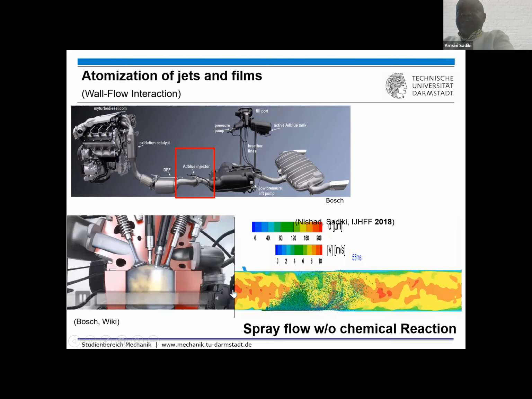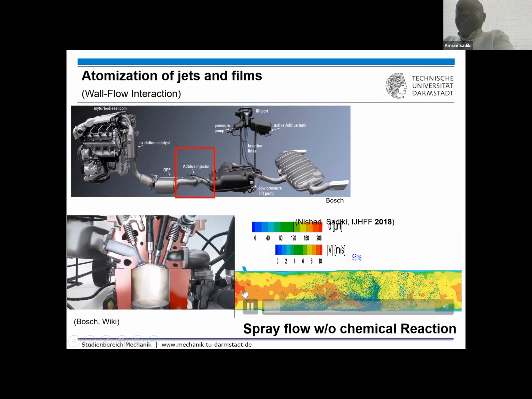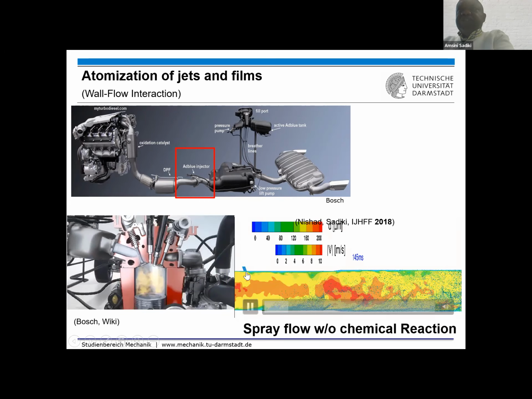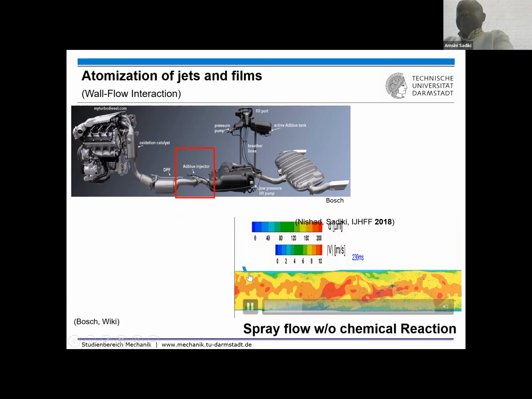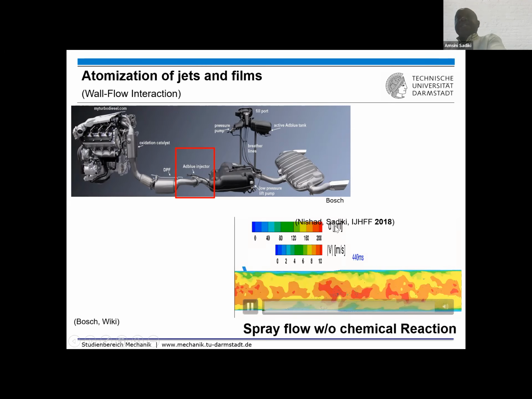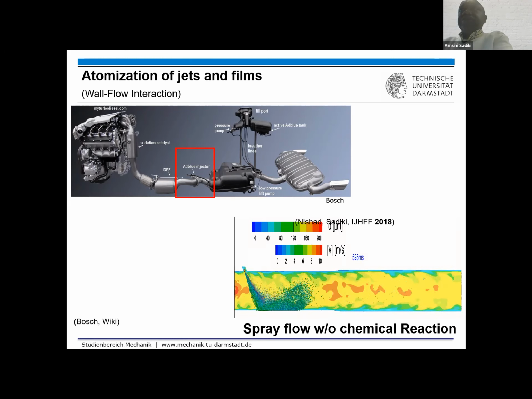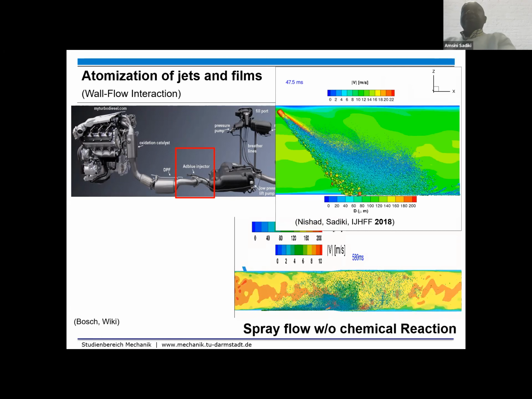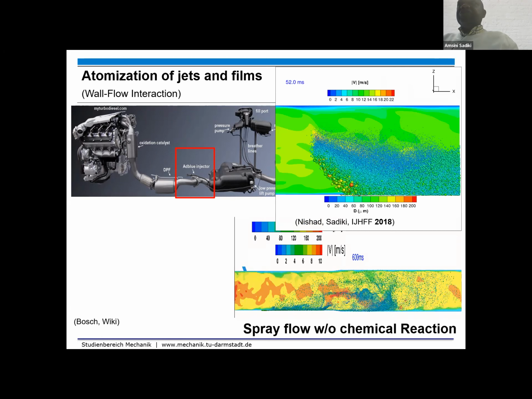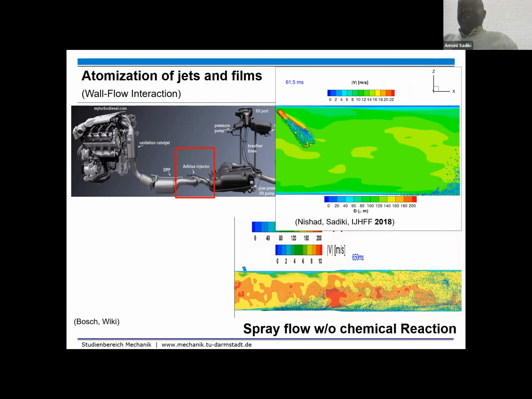It comes here within this channel, and we have the injection of AdBlue, and we have the evolution of the flow, and we can also obtain the evolution of the droplets, and follow the evolution of the droplets as we see directly here.